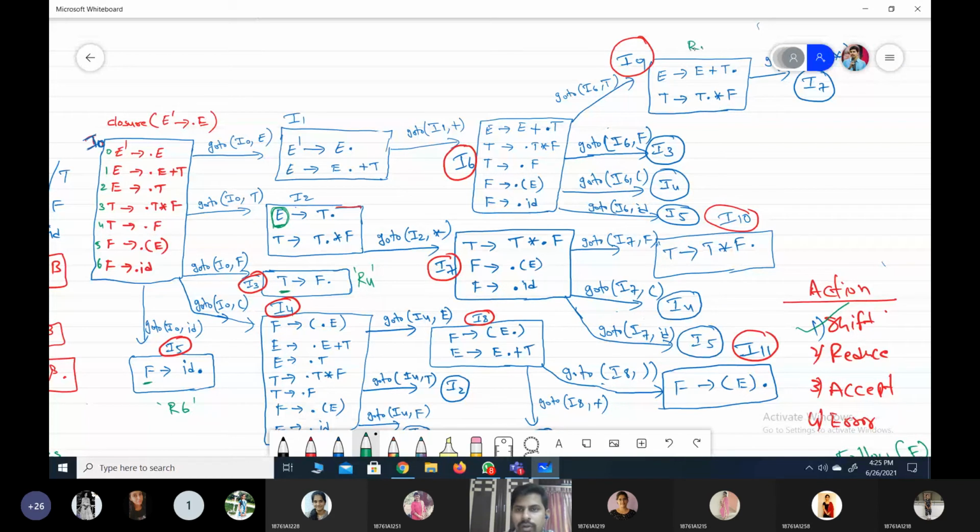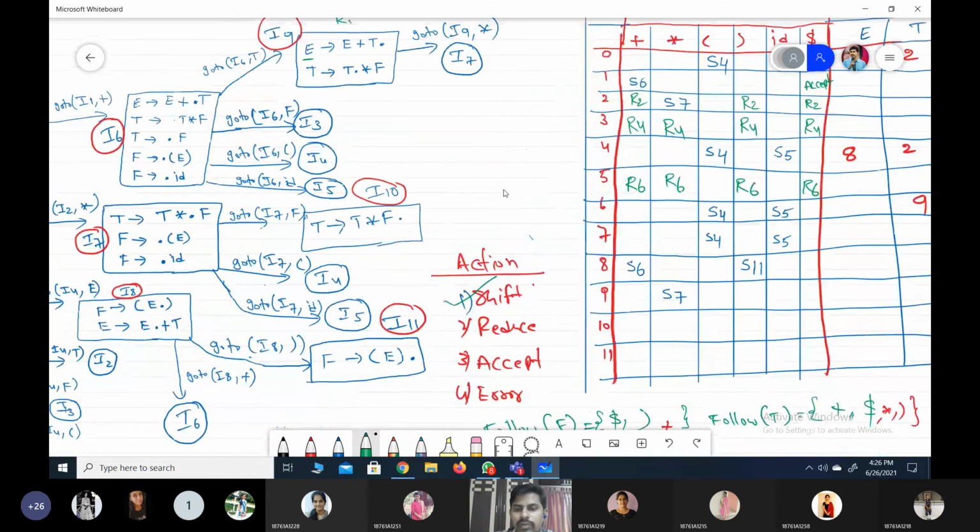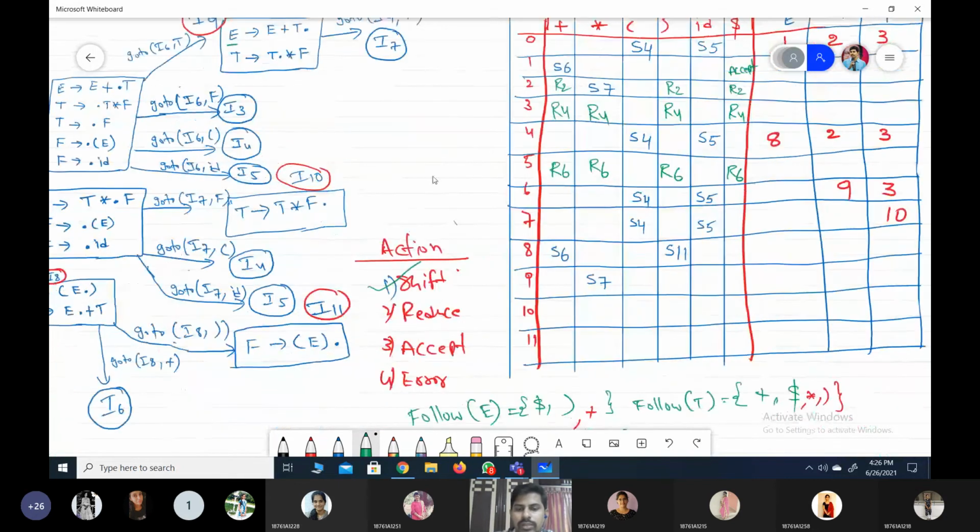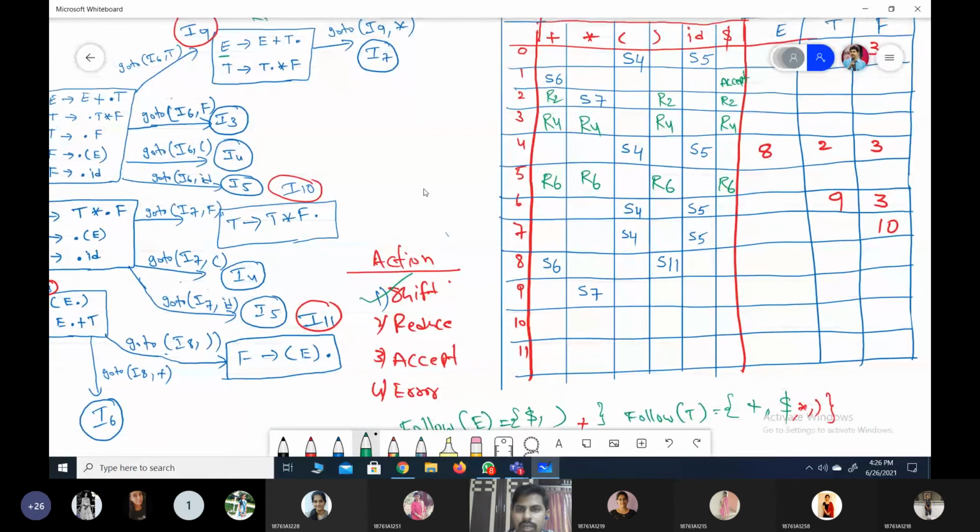So we have to add R1. To whom do we add R1? The follow of E symbols, since the production left hand side symbol is E. The follow of E we have already computed: dollar, closed parenthesis, plus. So on the ninth row, for the dollar symbol we add R1, for closed parenthesis we add R1, and for the plus symbol we add R1.